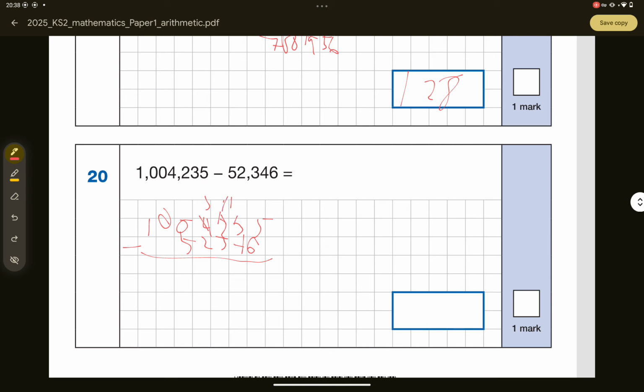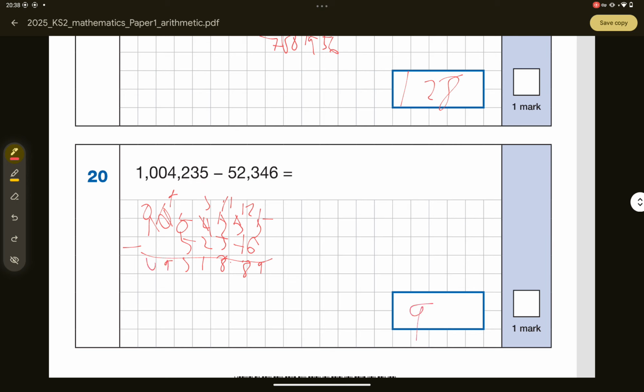11, 12, 9, 8, 1, and then exchange again with 5, 9.